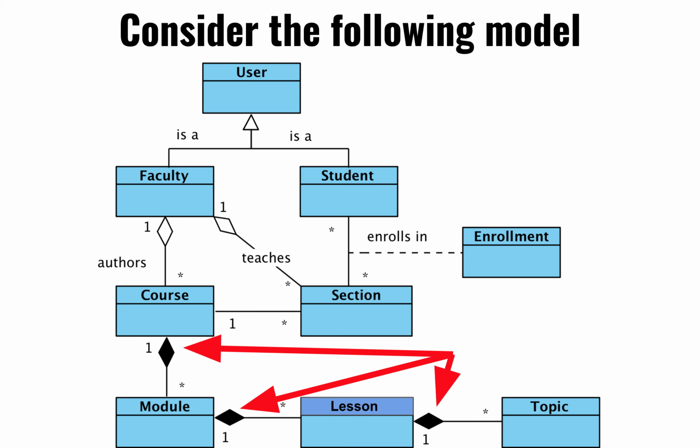Make sense? So for the course, module, lessons, and topic, it makes sense to use the embedded model. Whereas the faculty to course or faculty to section, it might make sense to do references, where you reference another object using its primary key. Make sense? All right.